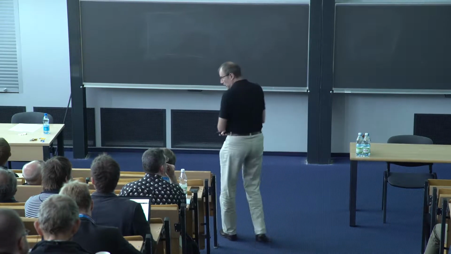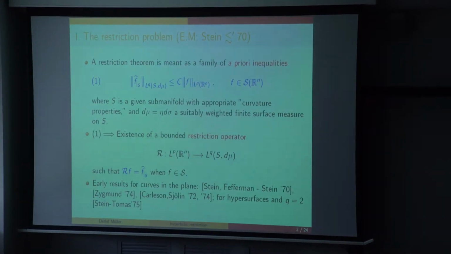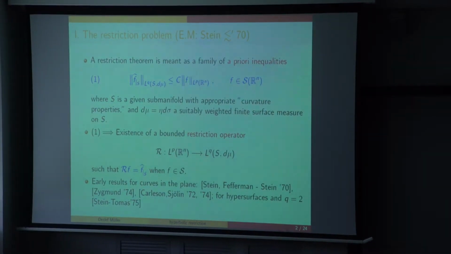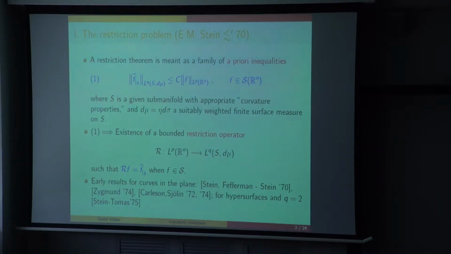As I said, let me first briefly review what this is about. The concept of Fourier restriction had already been introduced, for instance, in Fulvio Ricci's talk. So we're looking for a priori estimates of restriction of the Fourier transform of a function in L^p of R^n to some hypersurface S, in terms of the L^q norm with respect to some surface measure.